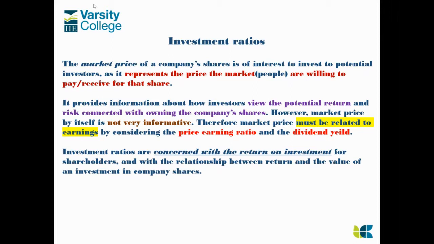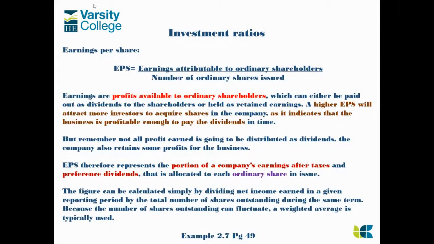All right. So, guys, go through this in your own time. Earnings per share. We're basically saying how much am I earning per share of this company that I just bought into? It's divided by earnings, in other words, the profit that's available to ordinary shareholders. Earnings attributed, it's the profit that's attributed.